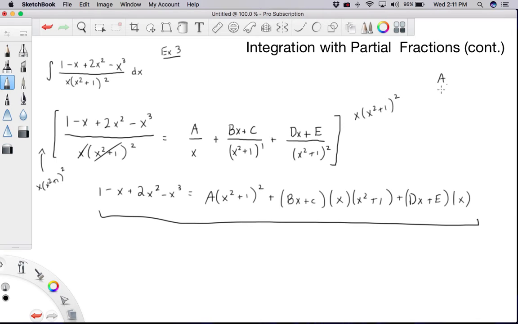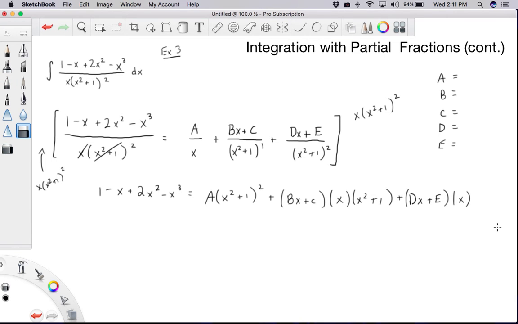Okay, so I'm going to keep tabs over here if I can. So let's start trying some values of x. I'm going to try x equals 0 first, because what that's going to do is eliminate all of the constants except for a. So that's great news for us.